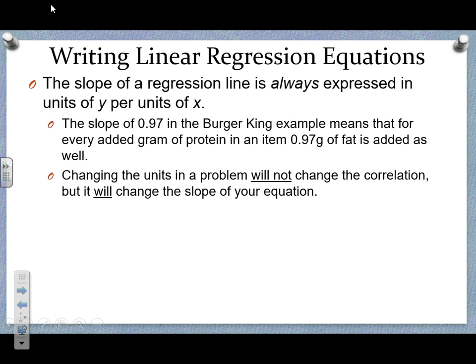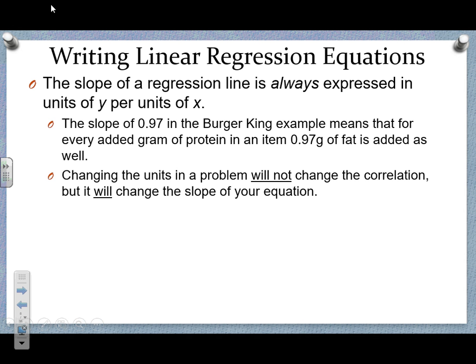Okay. Now, when we change units, so if we had changed our original information from grams to ounces, while that won't affect correlation at all, so if we were to calculate correlation ahead of time like we need to for the by hand calculation, correlation's not going to change because correlation doesn't care about units.